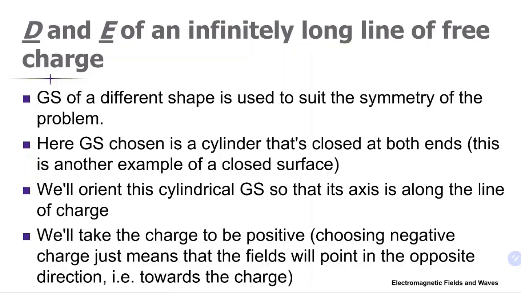We want D and dS to be parallel so that the dot product is also simple to solve. So the best is a cylinder that is closed on both ends, like my earlier example of a tin.